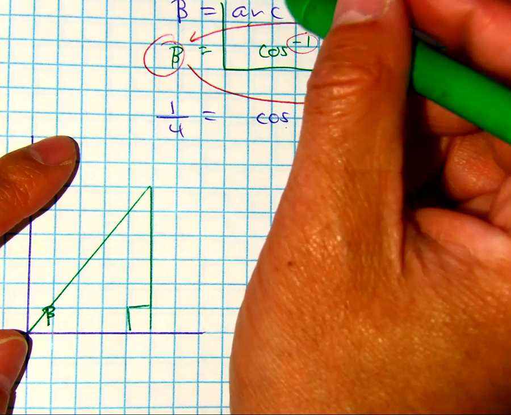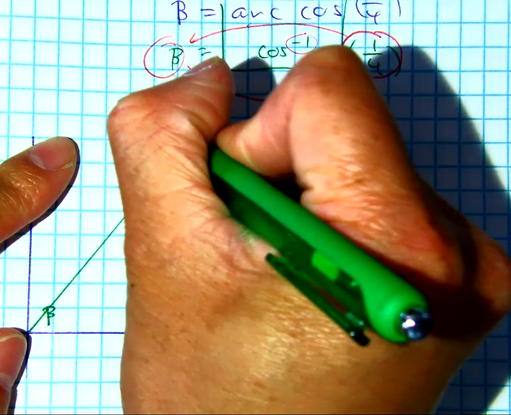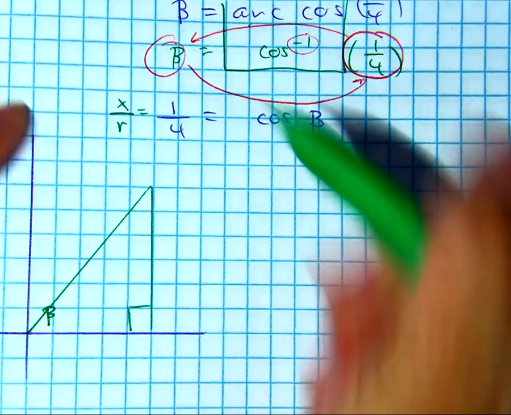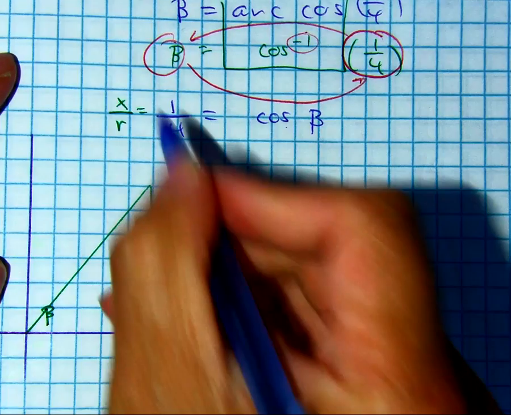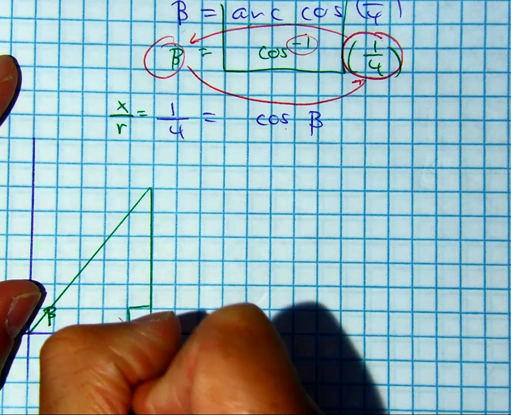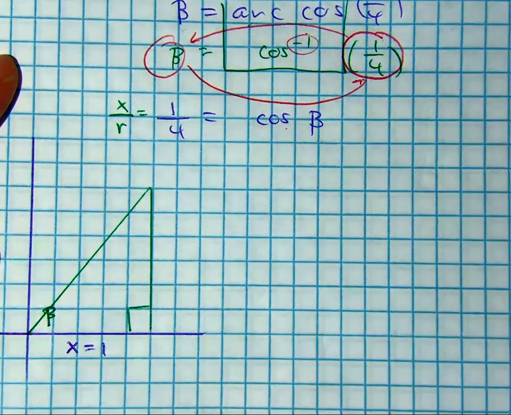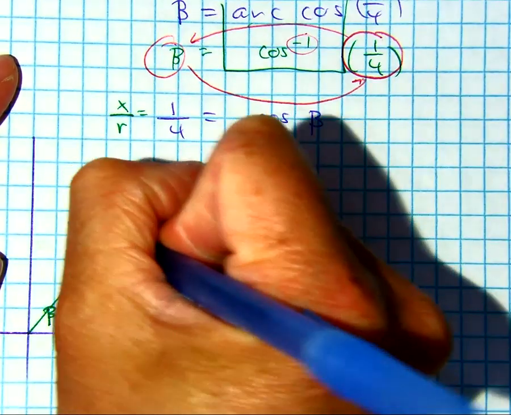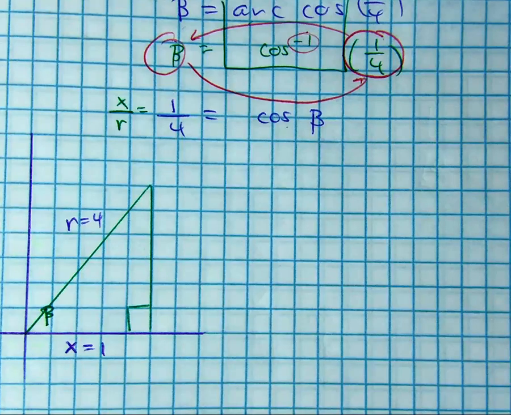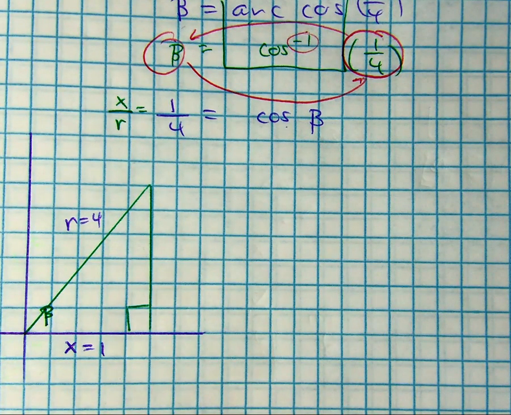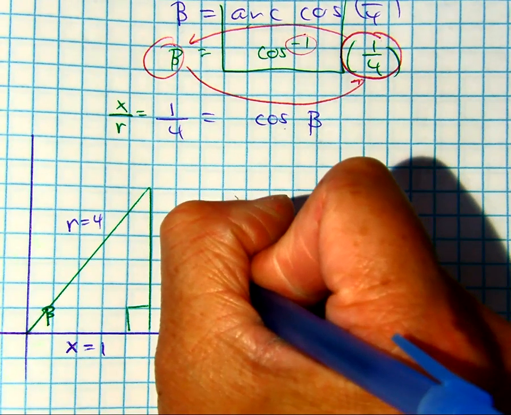X over r. So that means x is 1, and the r value is 4. And class, what letter are we missing? The y value. So we're going to have to use Pythagorean theorem.